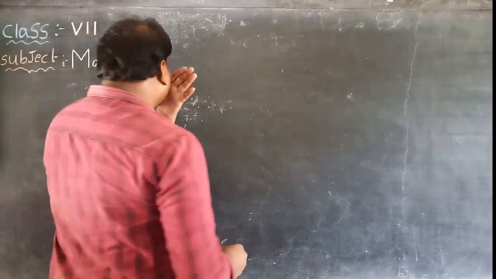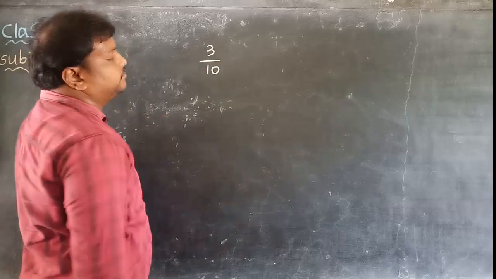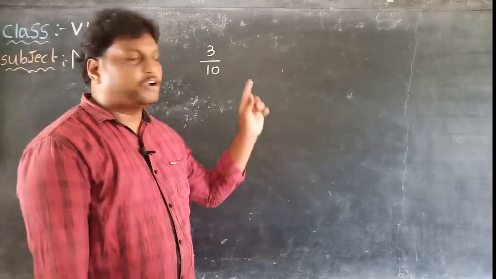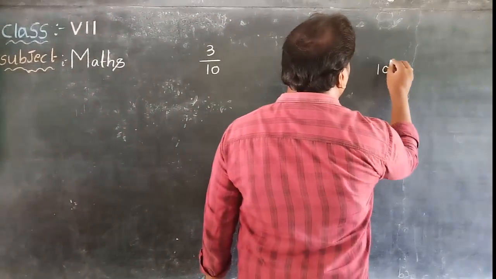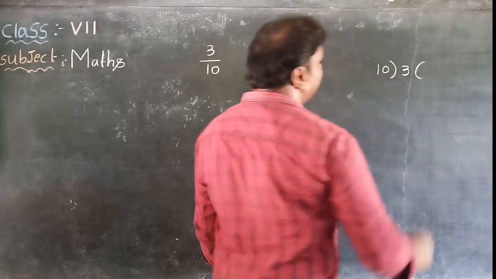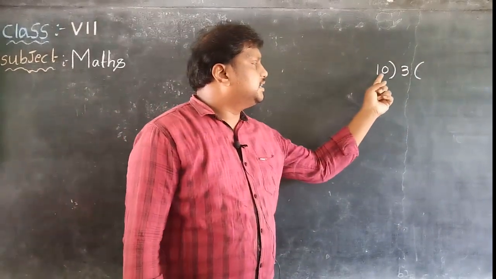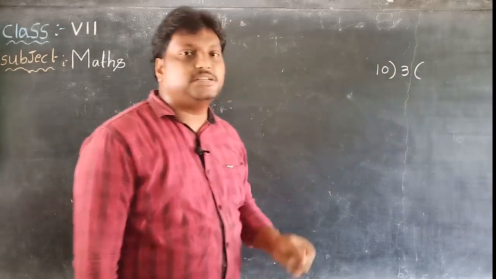Now 3 by 10. What is the value of 3 by 10? 3 by 10 is a decimal fraction. Why? Because in the denominator we have 10. Thus we take division. Is it possible? No, not possible, because 10 is greater than 3.